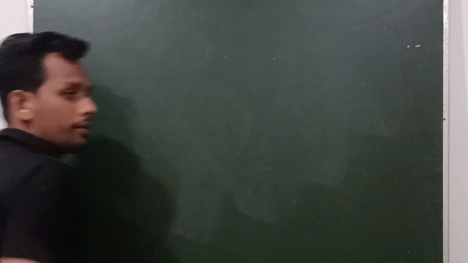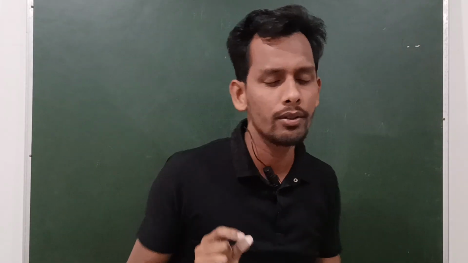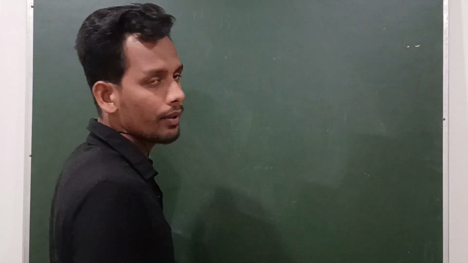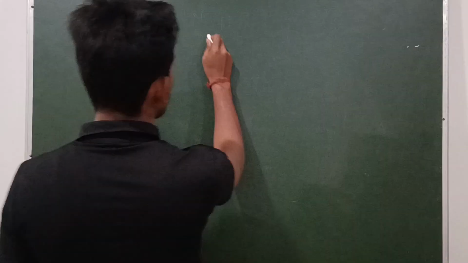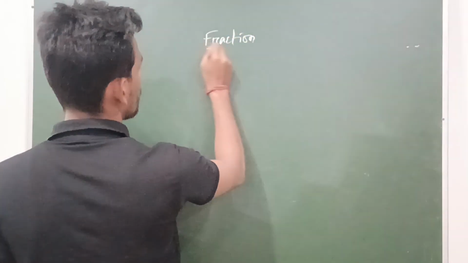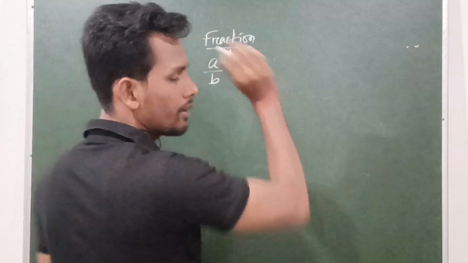So see, basically up to class 8 you learned the definition that all the fractions are called rational numbers. But the thing is, say a fraction a by b, you can divide it.